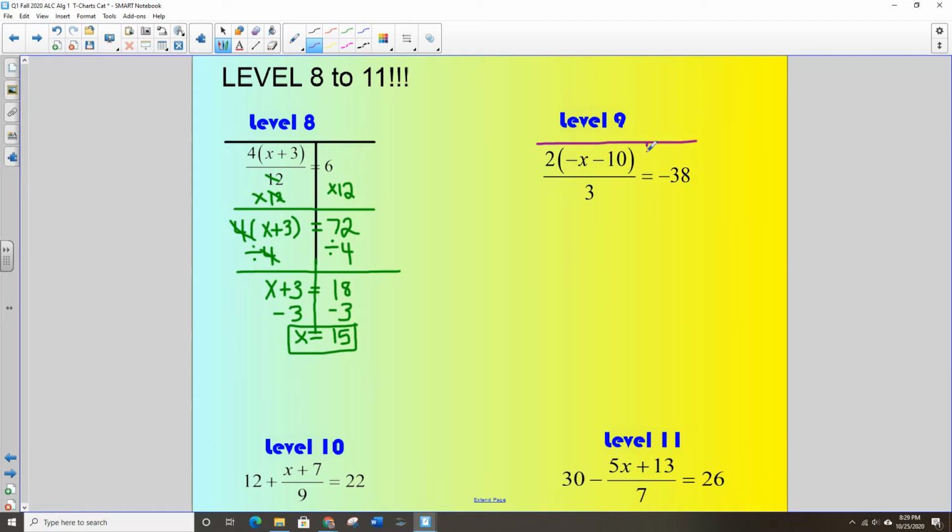Okay, here's a level 9. And what are you going to take care of first? The 2, the negative in front of the x, the negative 10, or the 3? Hopefully you said the 3. How are you going to get rid of the 3? We're going to multiply by 3. So you can get out your fancy calculator or your calculator on your browser.